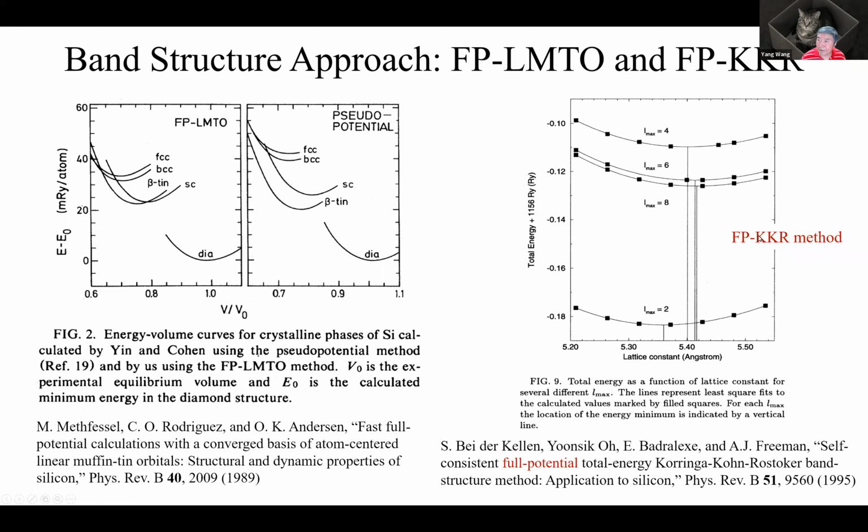And this is another approach by R. Freeman's group at Northwestern. I think this group doesn't exist anymore, I don't know. I have to be careful because this is going to be recorded. Anyway, they got this nice parabolic curve with full potential KKR, their own version of the KKR method, from 1995, but it is based on band structure calculations.